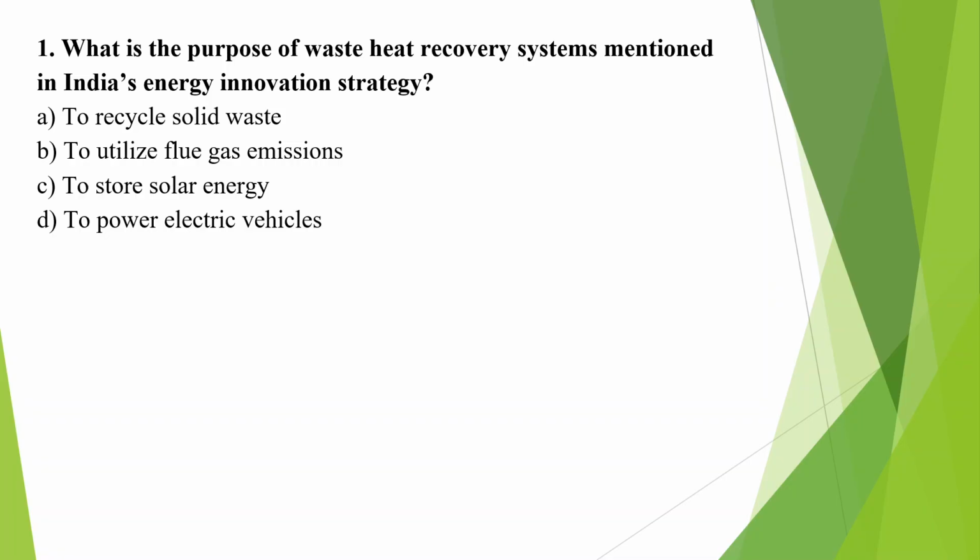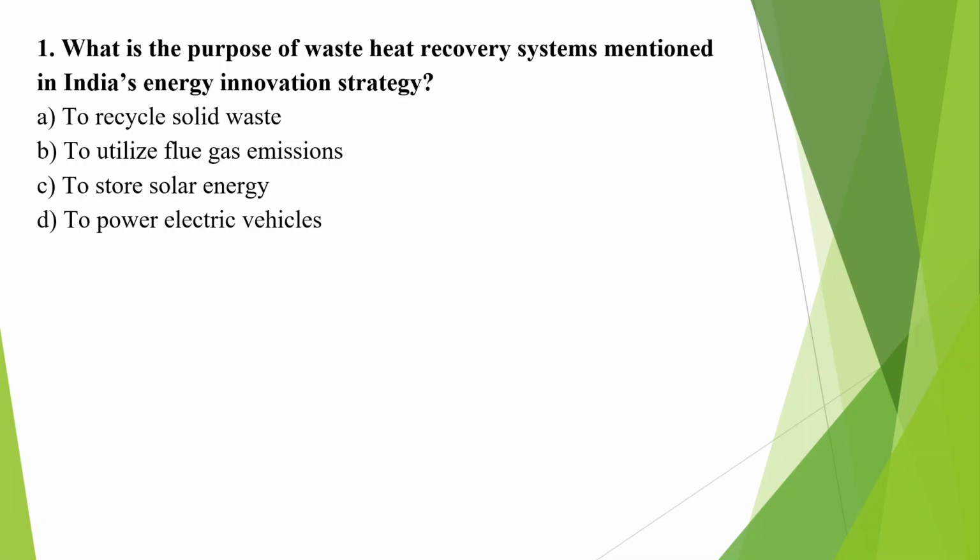This is more or less related to, I should say, a mechanical concept also. In thermal power plants, they try to utilize energy resources where heat or thermal energy is there, so they utilize the waste heat, and they call the system waste heat recovery systems. So this is done for what purpose?